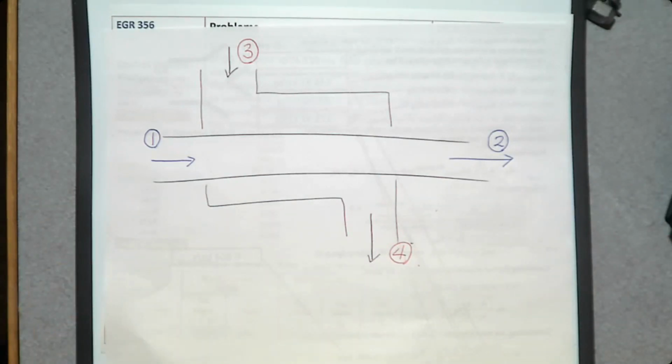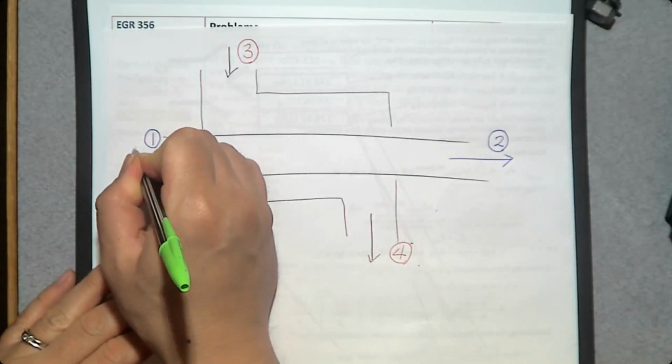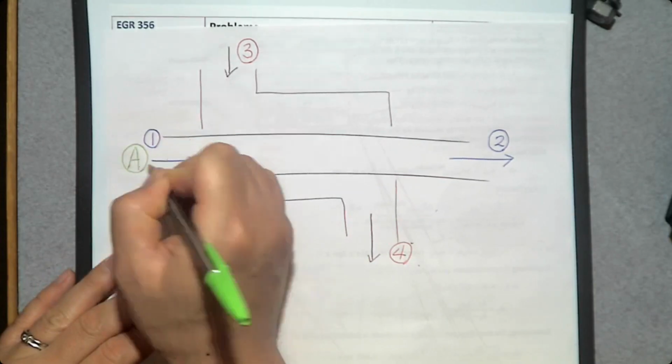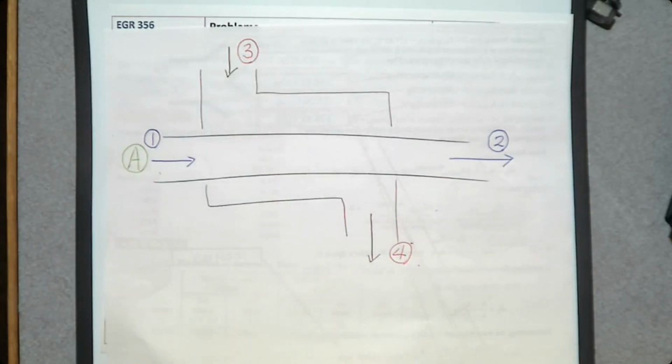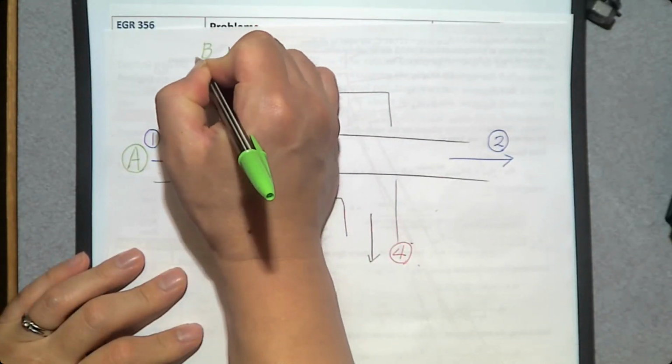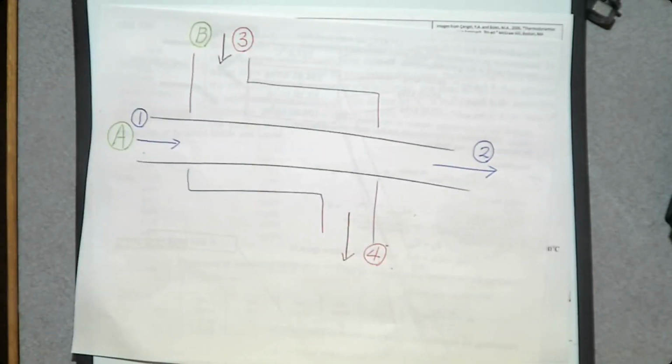If I say the fluid that goes in at the inlet number 1 is fluid A, and there's a fluid B goes into this heat exchanger at the inlet number 3.